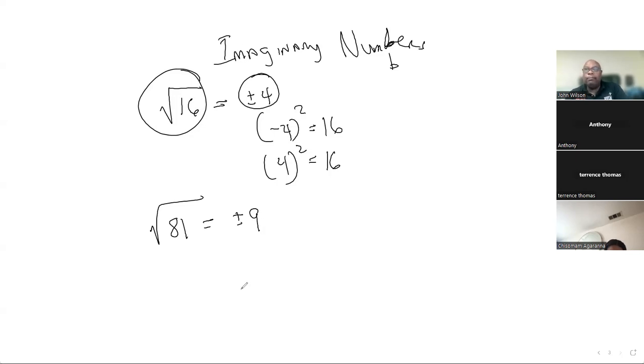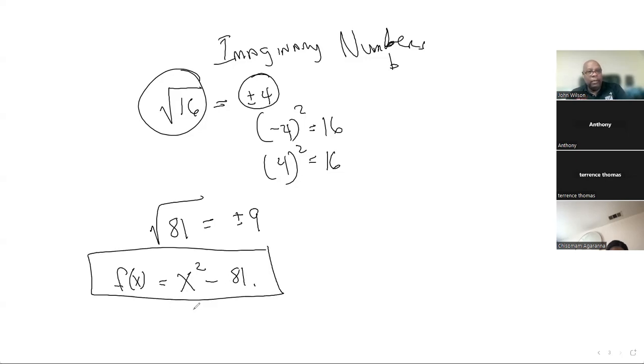So if we have x squared minus 81 equals 0, and you want to solve it, you first set f of x equal to 0, which means then you have 0 equals x squared minus 81.